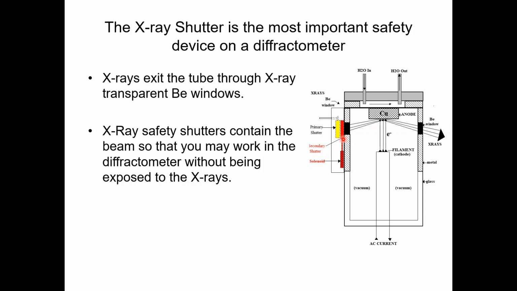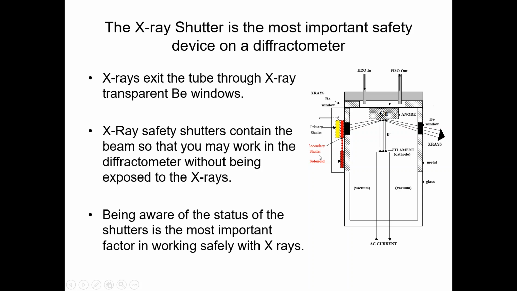The X-ray safety shutters contain the beam so that you may work at the diffractometer without being exposed to the X-ray. That is the main purpose of the shutters. Being aware of the status of the shutter is the most important factor in working safely with X-rays.